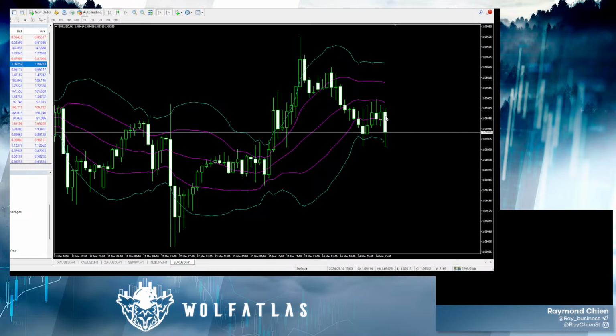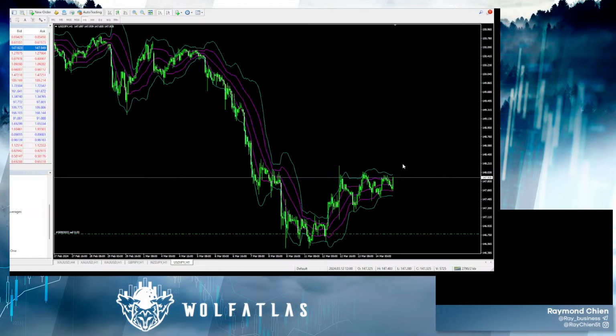There's a potential for a bullish move here, based on H1, although the resistance is sort of capped here, so that means a lot of the momentum is a bit stuck.